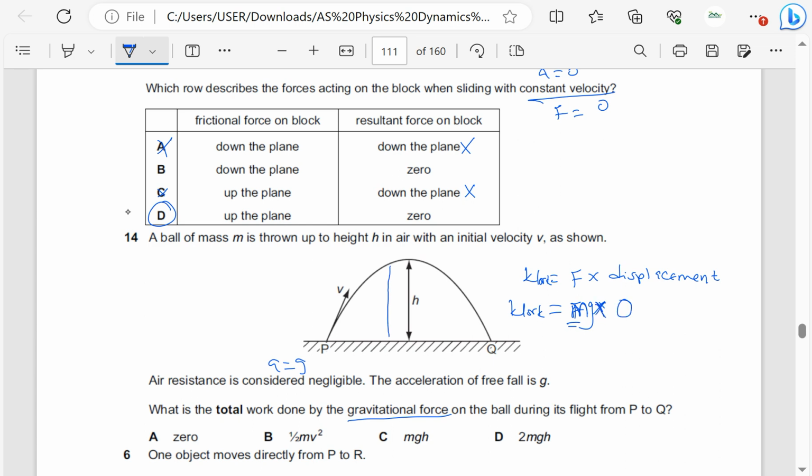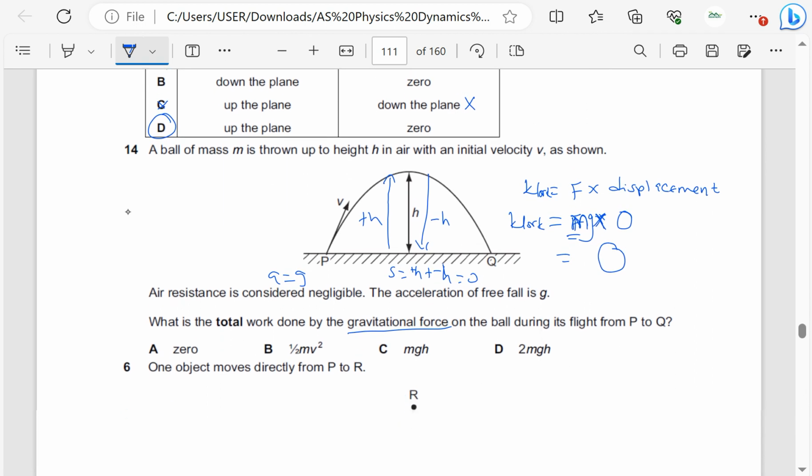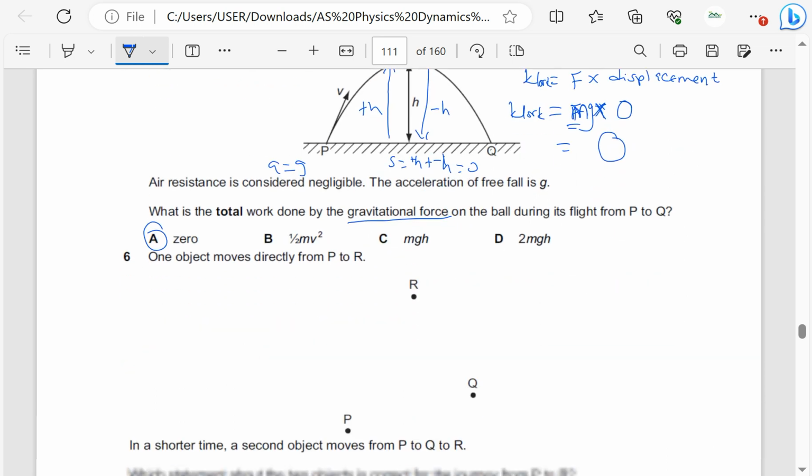Because if it moves upwards, it moves positive h. If it moves downwards, it moves negative h. Total displacement is going to be positive h plus negative h, which is equal to 0. So the work done here is going to be 0. So the answer is going to be A. This work done is force times displacement in the direction of the force, and the displacement is 0. So the answer is 0.